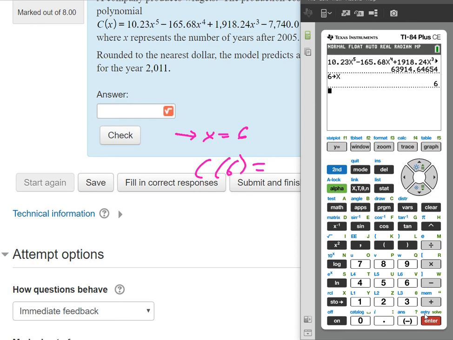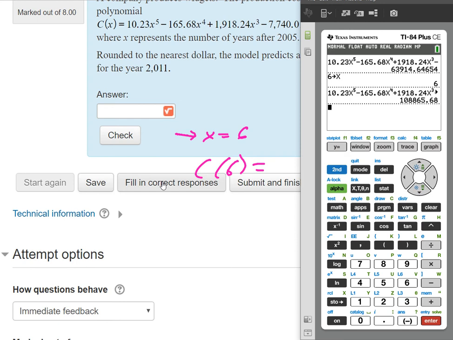It gave it that value. So if I go up with the up arrow until I grab that big long expression that I wrote, and hit enter, it's going to pull that expression down. Now I hit enter again, and it's going to tell me what the value of that expression is when x equals 6. How about that? Okay, so that's my answer.